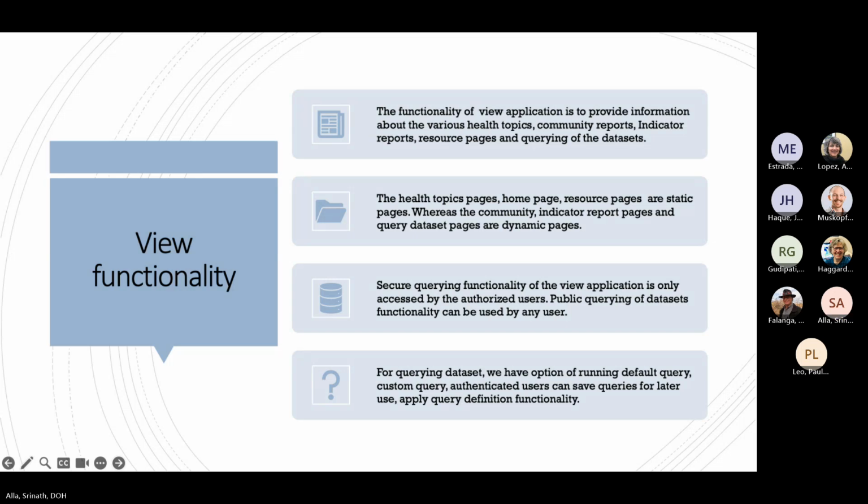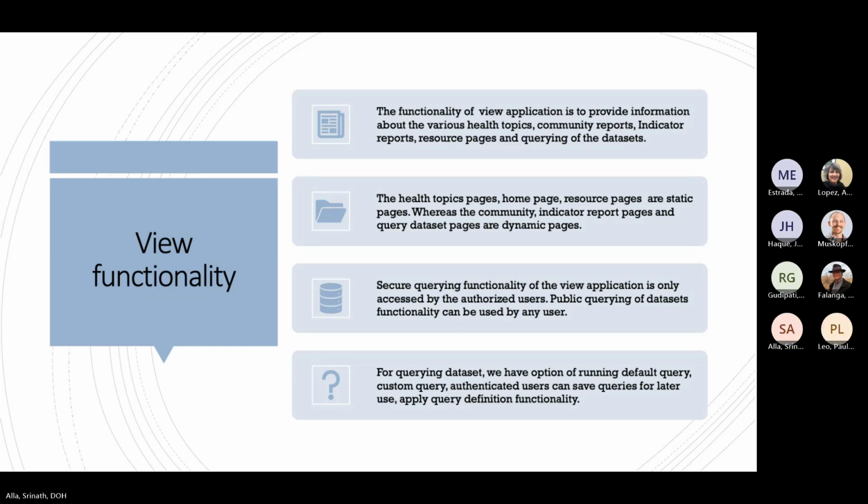And we have community reports, indicator reports, and resource pages. The main functionality is querying the dataset, where we will be using the IBIS-Q application. That's the back end application. So the user can query the application from the front end.